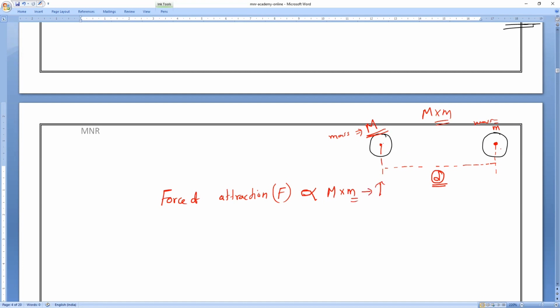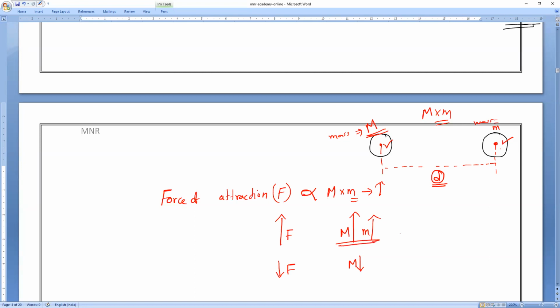Means if the mass of the bodies increases, the force of attraction also increases. Now see, F: both masses are increasing, capital M also increasing and small m also increasing, then the force of attraction also increases. If the mass of the body is decreasing, then the force of attraction also decreases.